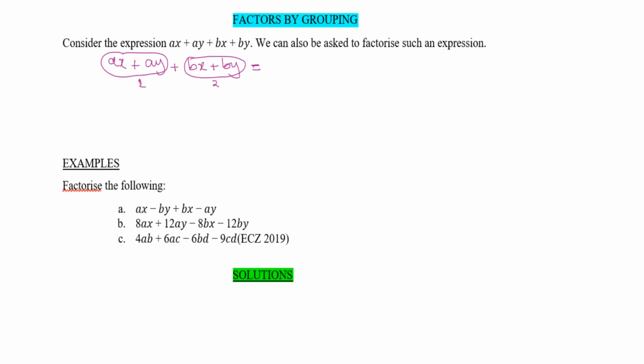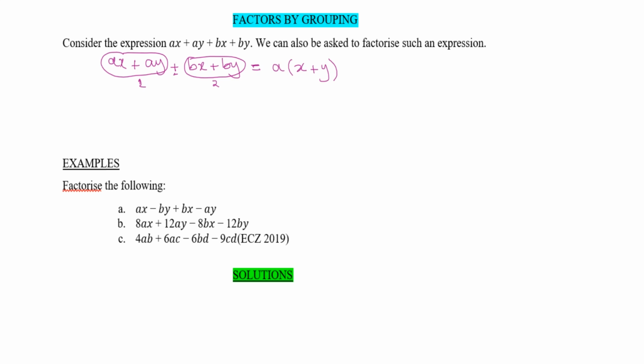There is group 1 and group 2. For group 1 we are going to get the common factor of ax and ay. The common factor there is a. In brackets we will remain with: a into ax will go x times, so what will remain there is x, plus a into ay just gives us y. Then you close the brackets.